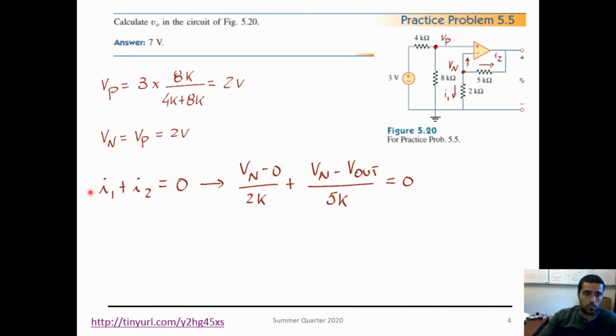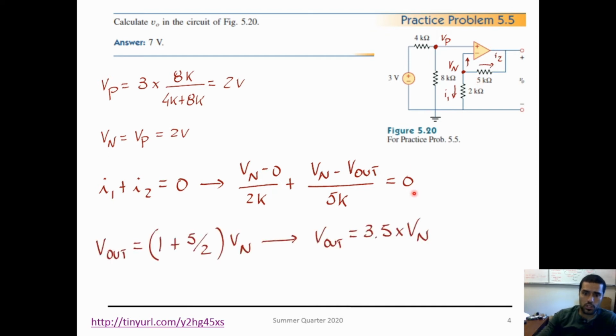Then I apply Ohm's law: I1 is Vn minus 0 over 2K, and I2 is Vn minus V out over 5K. Solving this equation, I get V out equals 3.5 times Vn. Multiply Vn by 2, so 3.5 times 2, and my V out is equal to 7 volts.